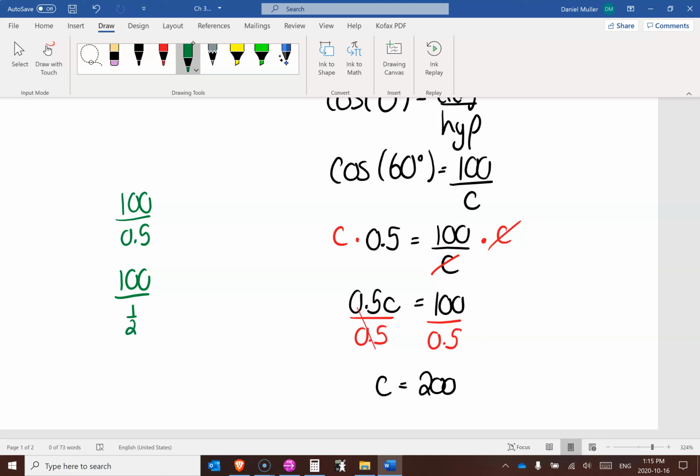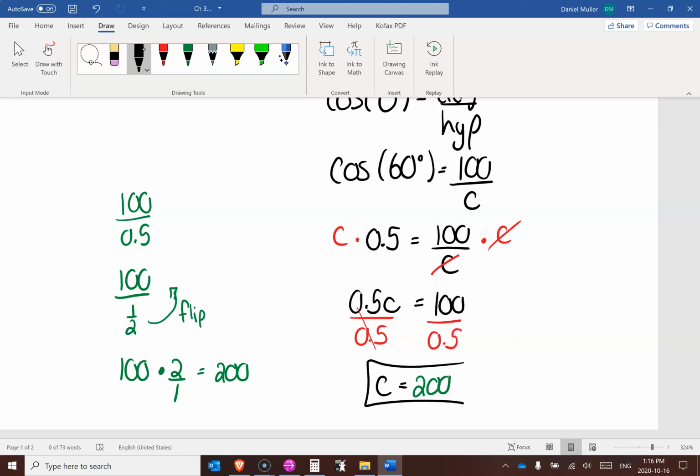And whenever you're dividing by a fraction, you can flip the fraction and turn it into a multiply. So the 1 over 2 turns into 2 over 1, so I flip this bottom fraction and then turn it to a multiply. Now 100 times 2 is just 200. So that's how I got 200.